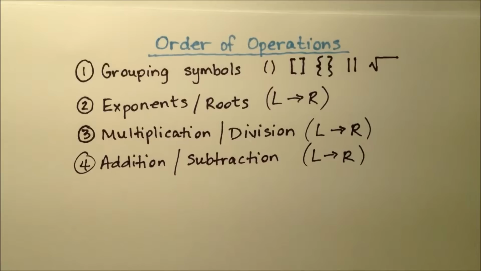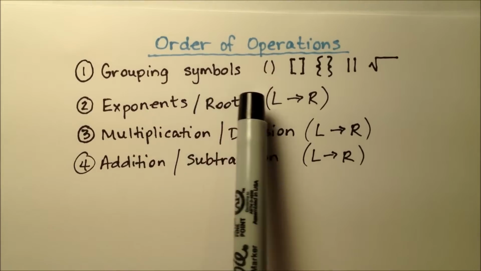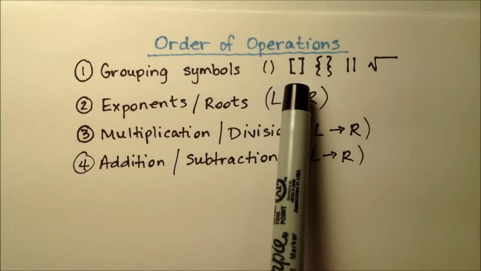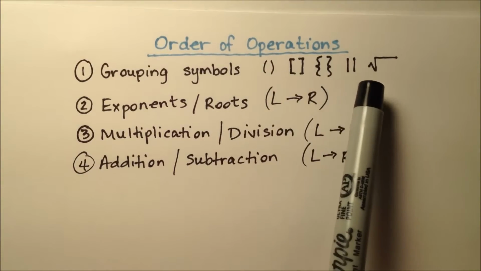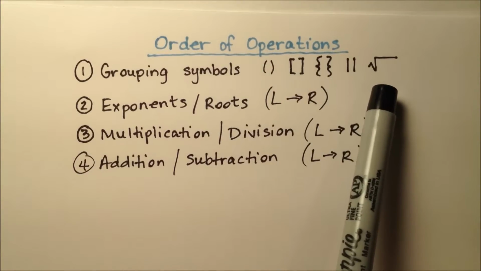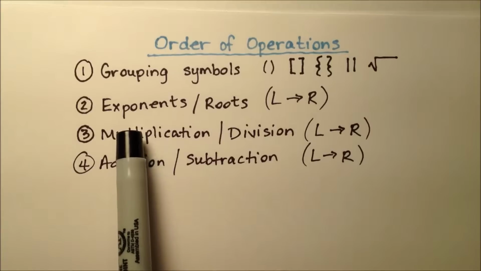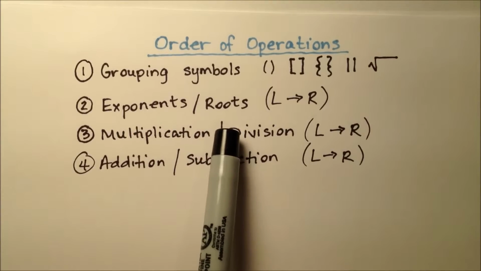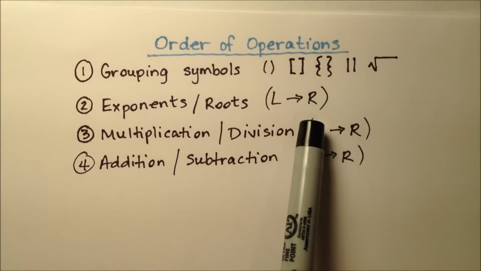Now, this order of operations agreement has 4 steps that we're going to take. The first step is grouping symbols. That means anything inside of parentheses, or brackets, or braces, or absolute value bars, or underneath a radical will get done first. The next step is to simplify exponents and roots. And we do this, just like we read, from left to right.